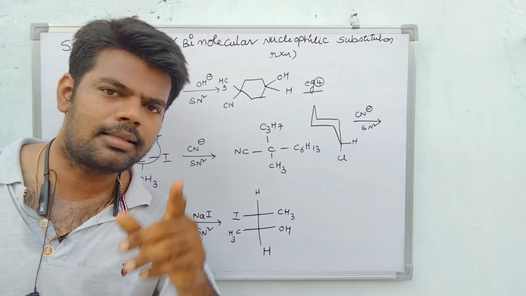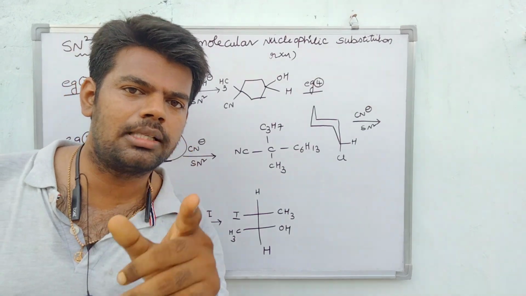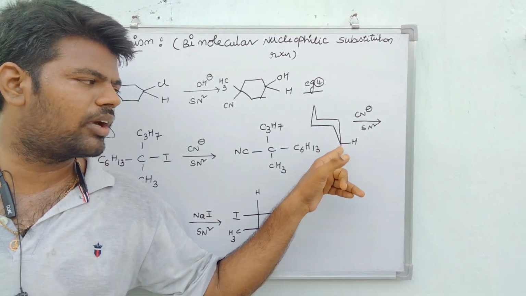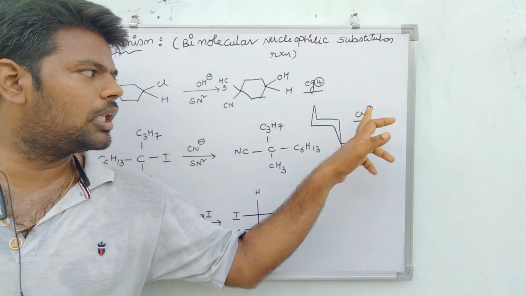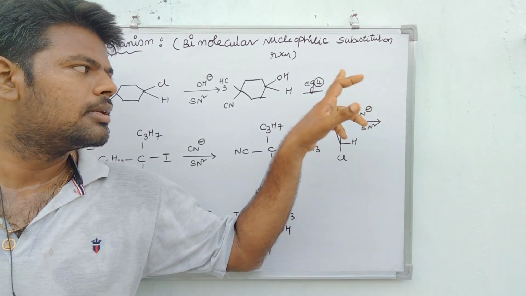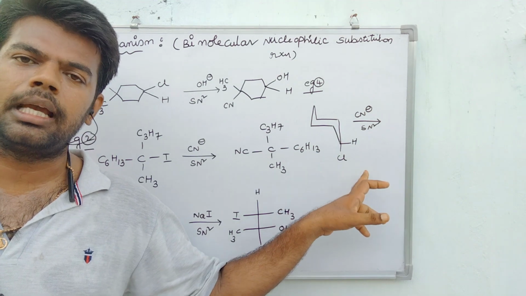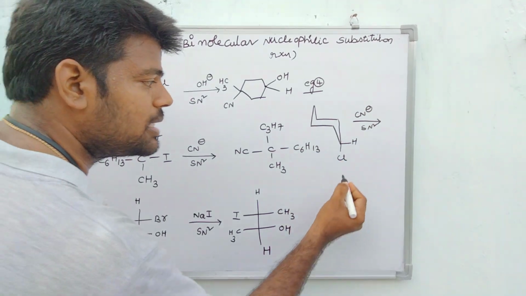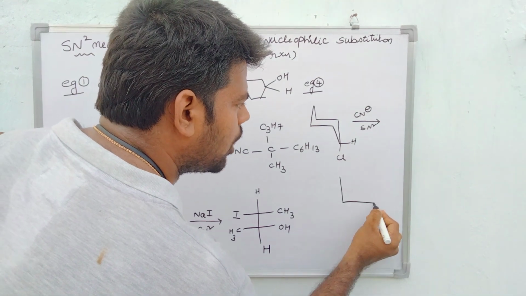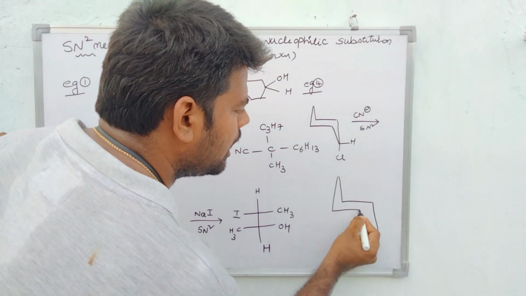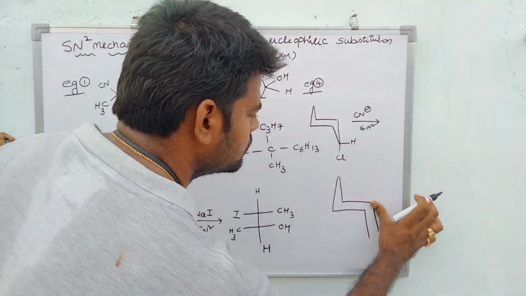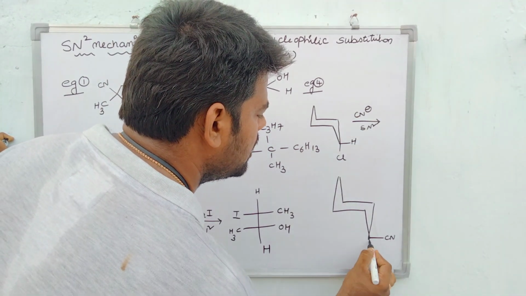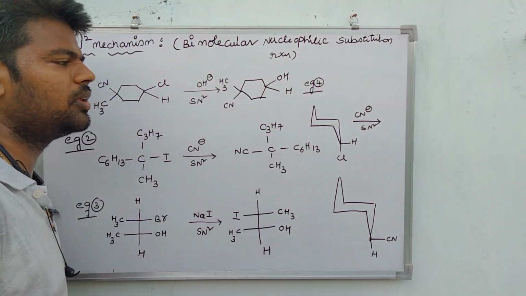One is said to be an axial bond, the second is said to be an equatorial bond. Here the chlorine atom is present in an axial position. Therefore, the newly incoming nucleophile CN minus will attack and replace the chlorine atom, but the cyanide group is present in which position? It is present in an equatorial position, and in the bottom there is a hydrogen atom.